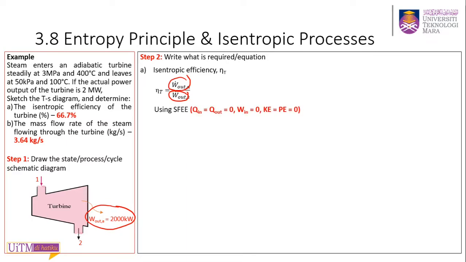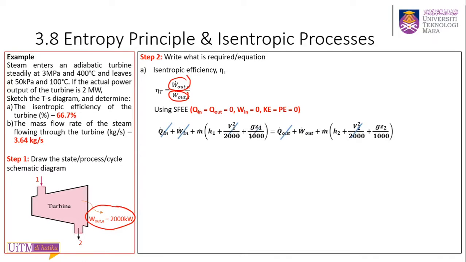Start with writing the general SFEE and then cancel the terms based on the conditions given. Write what is left of the equation and rearrange to find for work output.